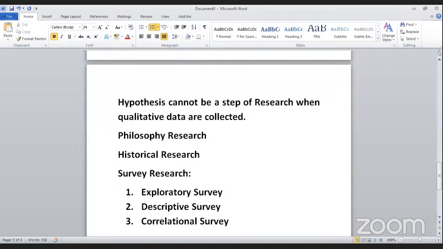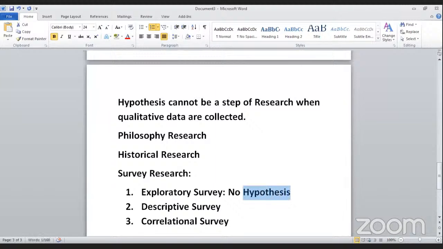In correlational survey, you will have the quantitative information. And when you have the quantitative information, then you can have the hypothesis. So in correlational survey, you will have a hypothesis. In exploratory survey, you cannot have a hypothesis.